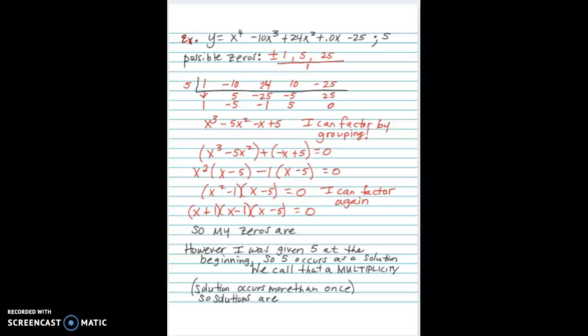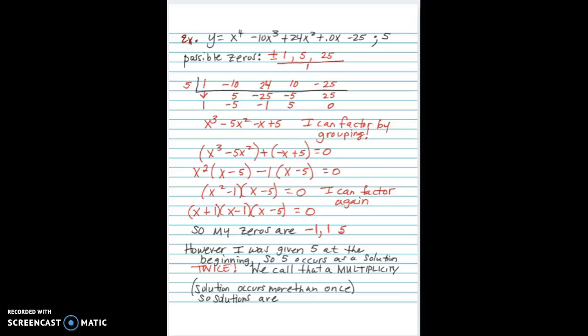So my zeros then are x plus 1 equals 0, giving me a negative 1. x minus 1 equals 0, giving me a 1. And x minus 5 equals 0, giving me a 5. Now, I was given a 5 at the beginning. So 5 actually occurs as a solution twice. And that's really important.